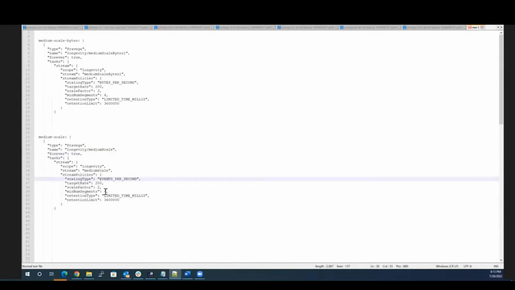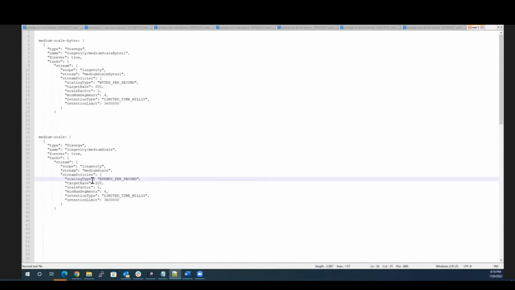The minimum segment value defined as 4 indicates that when the stream gets created, it will have 4 segments at time t0.